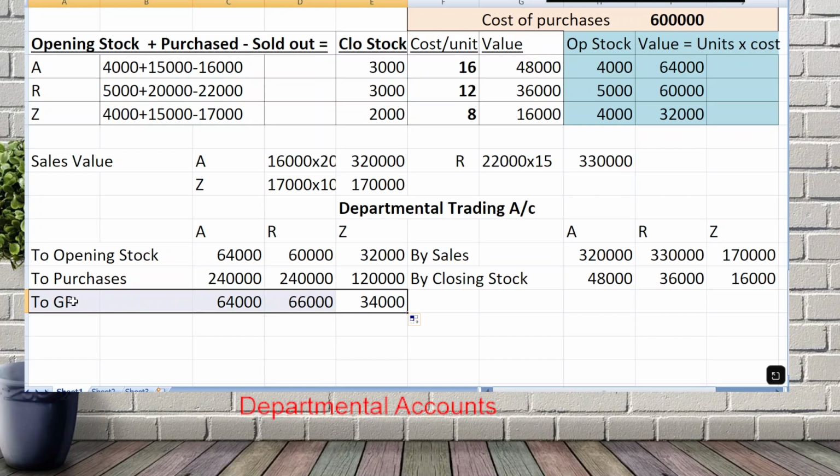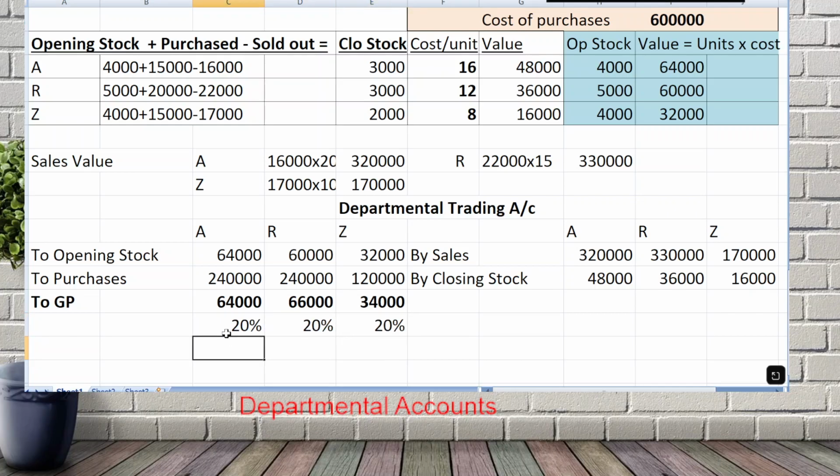You can verify your answer also. What is the profit margin that we worked out? I can check. GP is 20% on sales. Apply 20% on sales and the GP will come. 3,20,000, 3,30,000, 1,70,000. Each department profit into 20%.